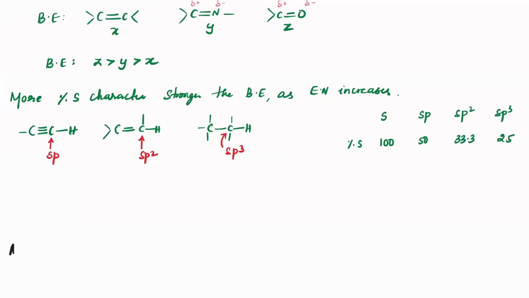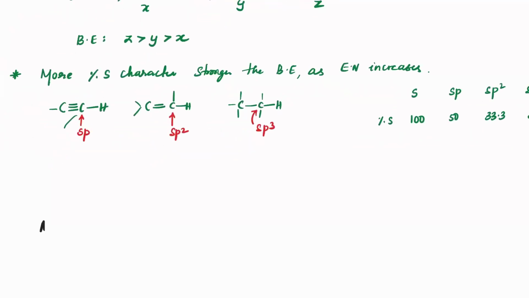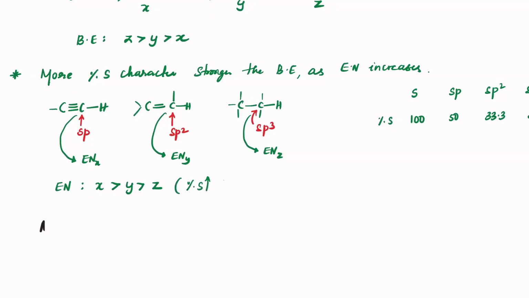Let us call the electronegativity of this carbon X, of this carbon Y, and of this carbon Z. What you would notice is that electronegativity value X is greater than Y greater than Z. So that means percentage S character is directly impacting the electronegativity of an atom, and that will always be more if the percentage S character is more.